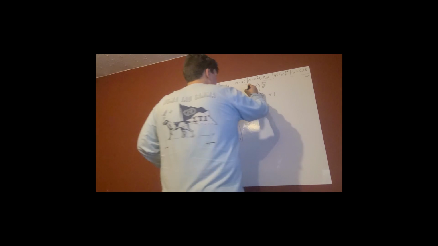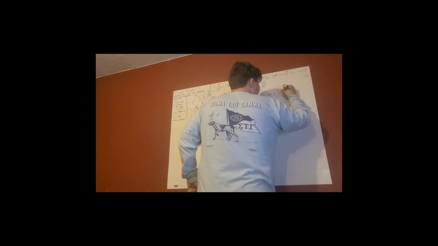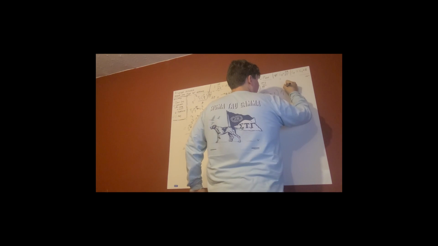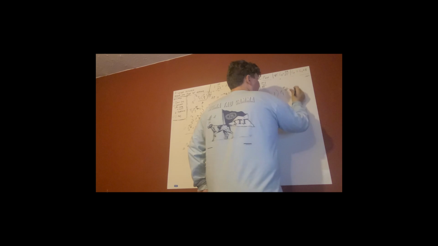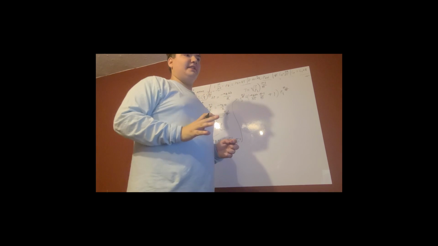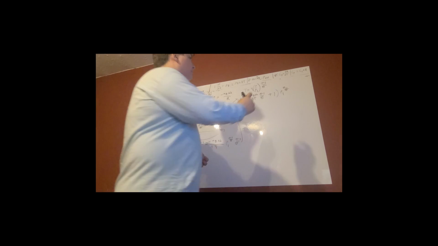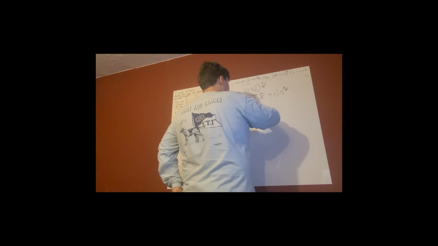And so we pull out the term P1 to the gamma minus 1 over gamma. And then because that's multiplying all of it, we're able to cancel out these terms.